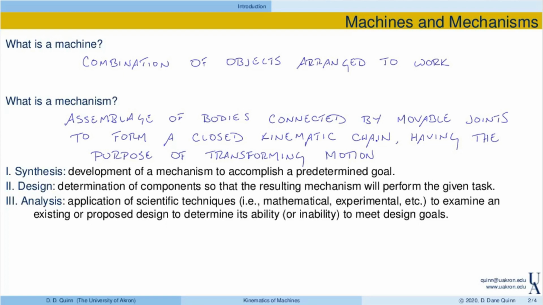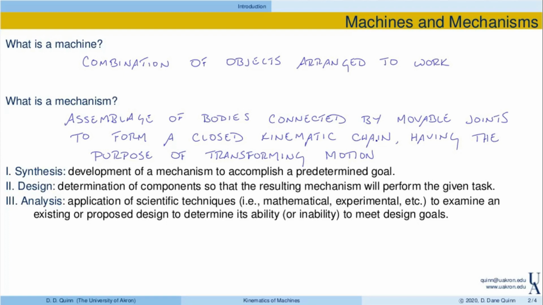So when we talk about engineering design, and in particular the design of machines and mechanisms, I like to think about this as broken up into sort of three steps. One is the synthesis step. So the idea behind the synthesis is that we're going to come up with an idea of how we want to obtain our goal, with what kind of mechanism we want to use, just the general idea of how we want to approach solving the problem. Then the design aspect comes in. So the design aspect is a little more detailed.